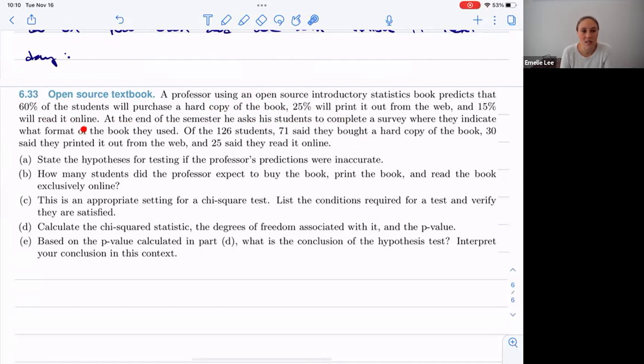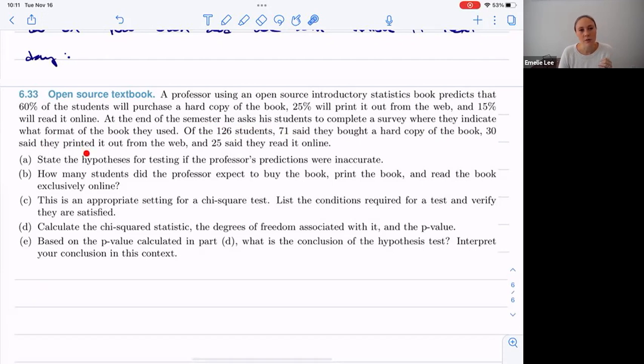I would guess that in our class, pretty well everyone's reading online, and sometimes I'll have some students who print it off the web, but we don't live in the States, so it's a little bit tricky to buy a hard copy. I think you can, but they charge a lot of money. Anyways, at the end of the semester, he asks his students to complete a survey where they indicated what format of the book they used.